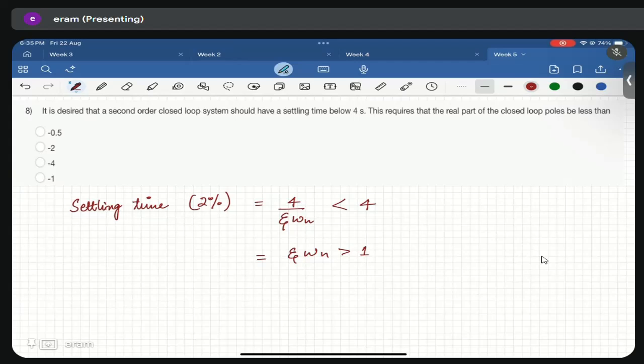And what are the poles of a second order plant if the plant is s square plus 2 zeta omega n s plus omega n square? If you have a plant like this, what are the poles of the second order system?